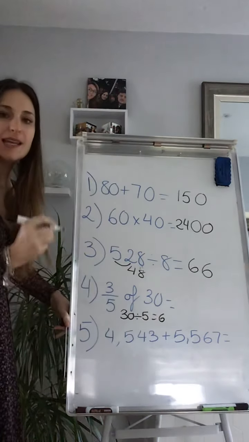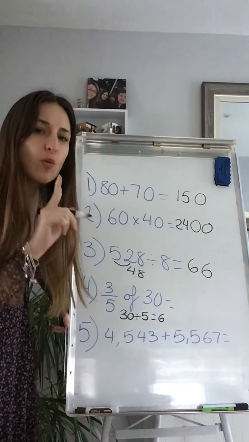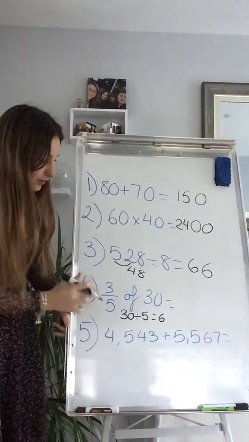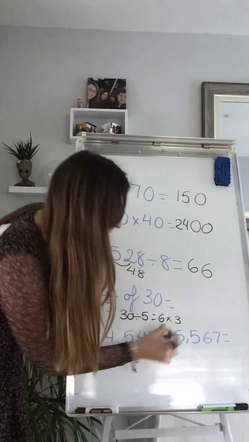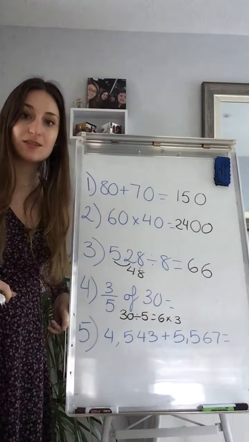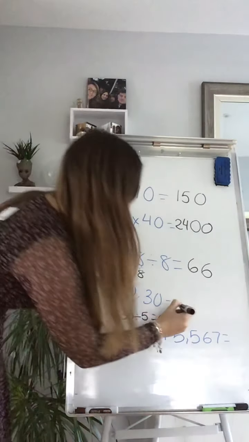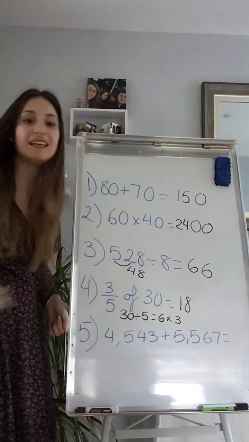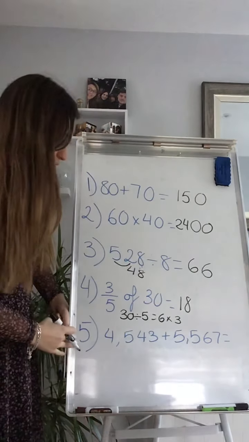Well done. Now, that is one slice of it. Have I got only 1/5? No, I have 3. So if I know my 6 timetable or my 3 timetable, I will be able to get the answer. 6 times 3 is 18.